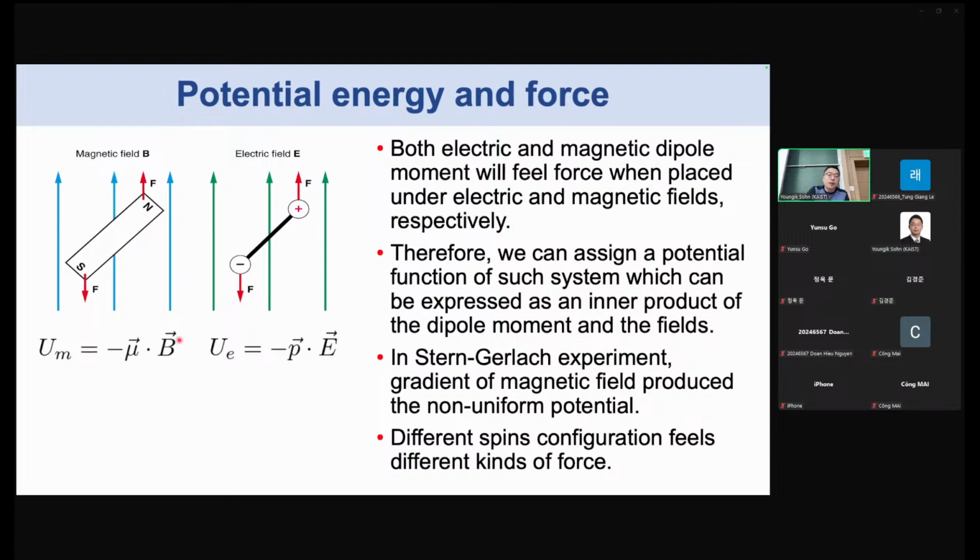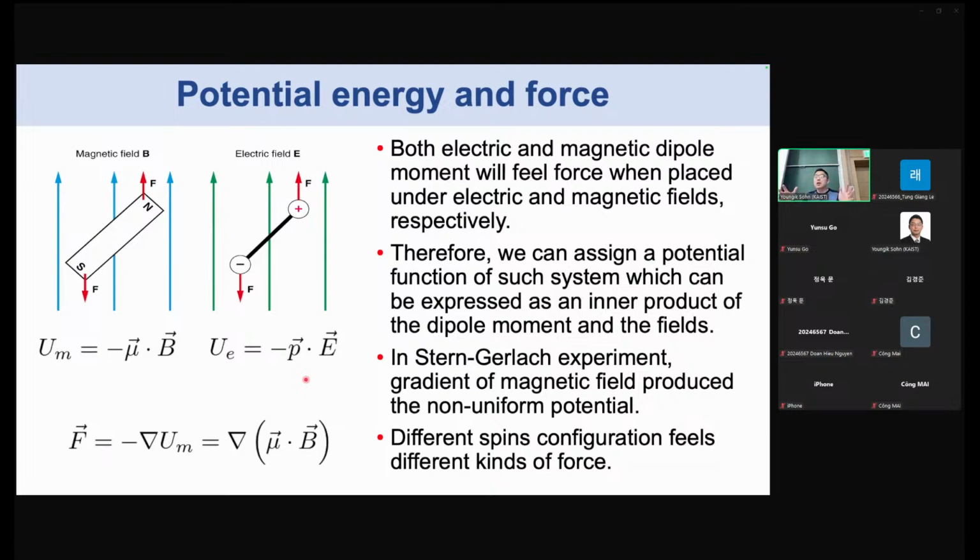Their potential energy is expressed as the minus inner product of the dipole moment and the external field. These expressions you can deduce from electromagnetic theory. The force is, if you have a potential energy and take the gradient of it, you get a force. That's how you design the force for the Stern-Gerlach experiment.